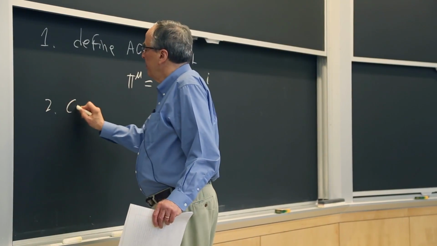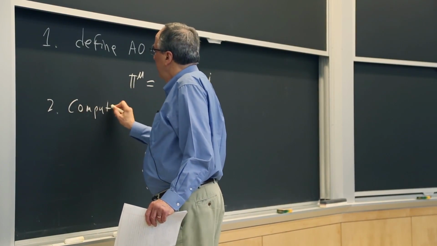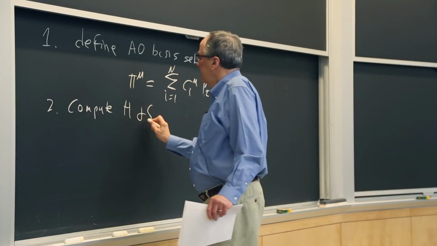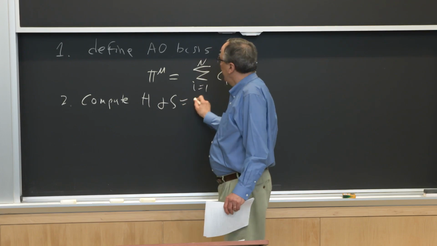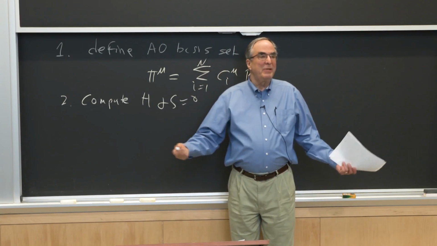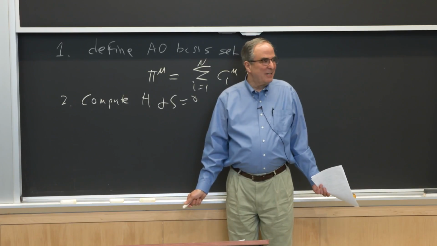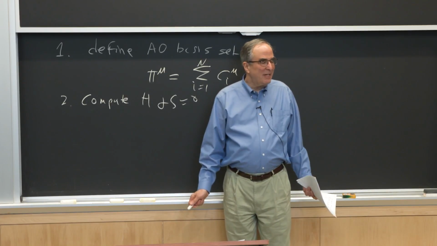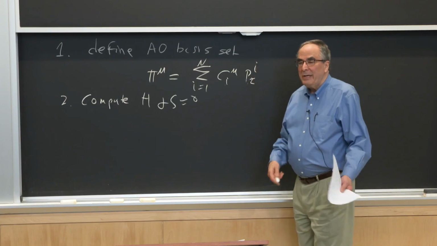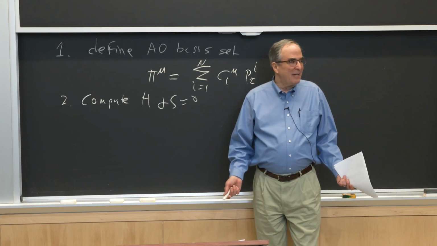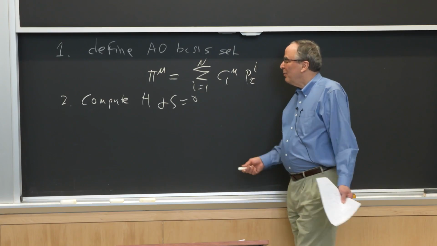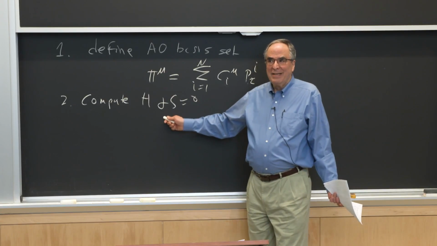Next step, compute H and S. But S is 0 because we made this ridiculous assumption. It's convenient. And this is called the complete neglect of overlap. And we can do that. It's wrong.